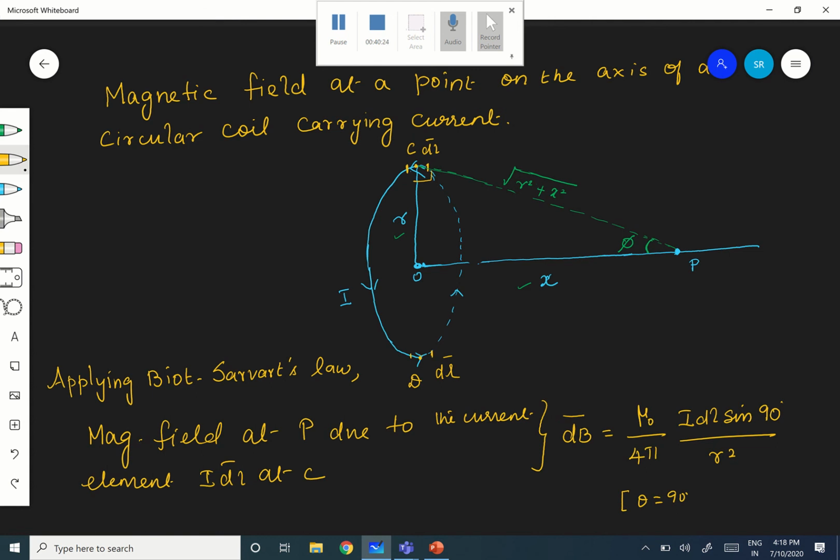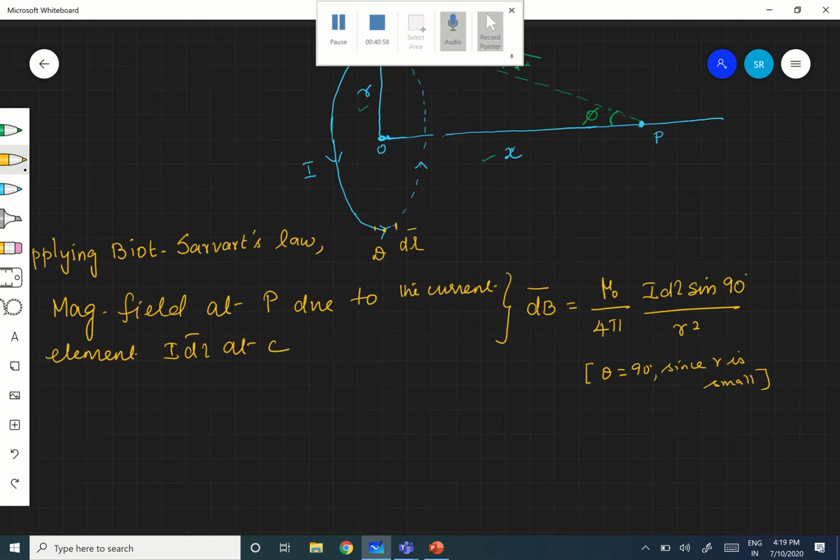If it were a very big coil you could not, but since R is small, theta is equal to 90 degrees.